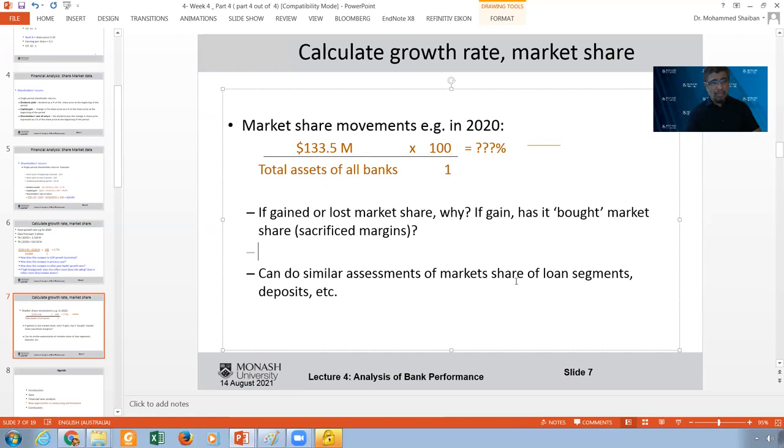We can do a similar assessment of market share for loan segments and deposits. So you have to see the total market share for the assets, and you can do it for the deposits, and you continue like this, because here we use the total assets, but we can use also the total deposits, which means how many people are depositing with us, because you can give loans from so many places, including issuing bonds or borrowing from other banks, not only from the depositors.